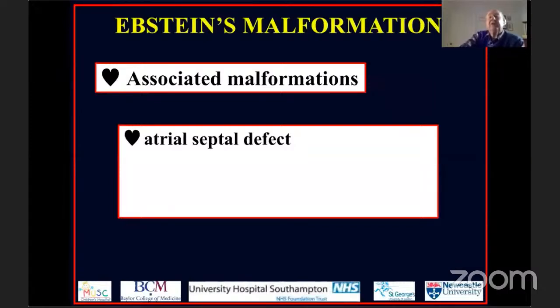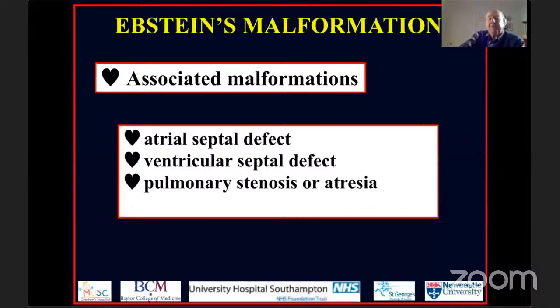There are, of course, other malformations. An atrial septal defect is particularly frequent. And in time gone by, the surgical treatment of Ebstein's malformation was closure of the atrial septal defect. A ventricular septal defect can make the situation even more complex, and there can be pulmonary stenosis.